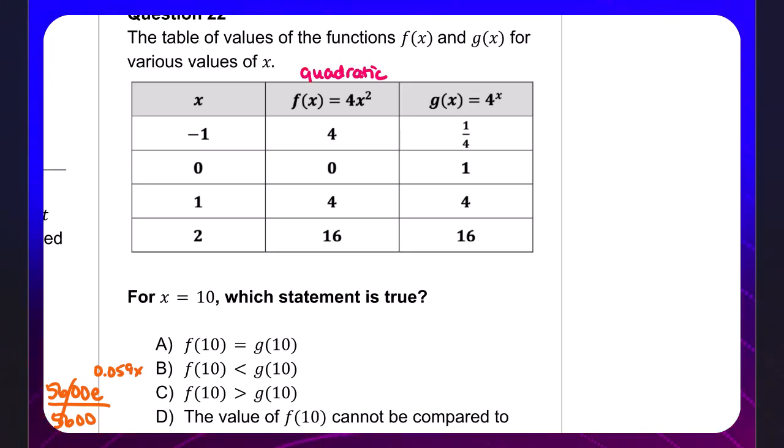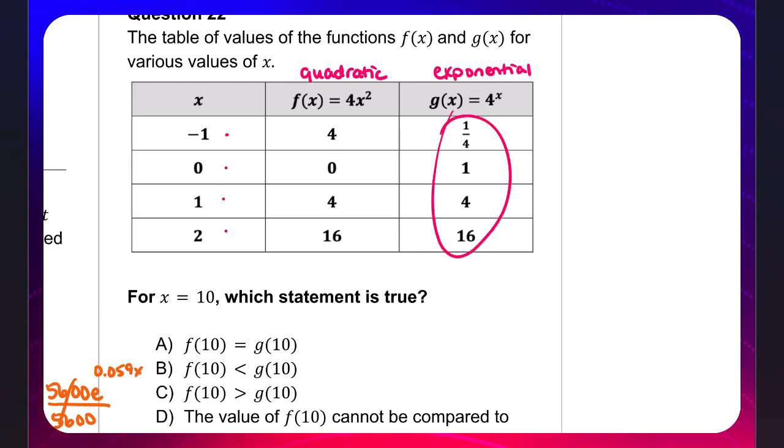And the 4 to the power of x, this is exponential. So clearly the exponential, as your x values get bigger, see how they're getting bigger as we move down the table? It's getting larger, which means that these values over here are going to take off. So while these are similar at first, these are going to get much bigger faster.